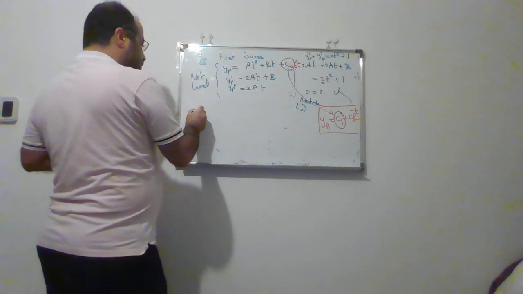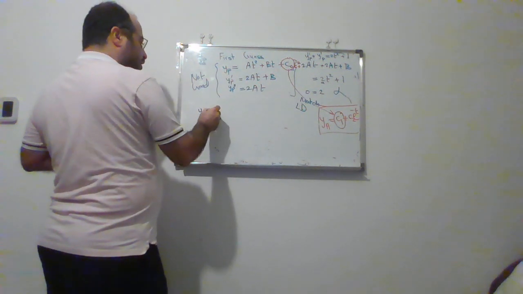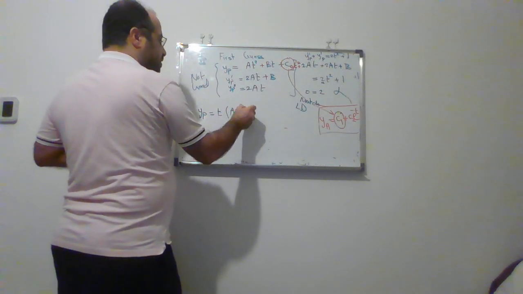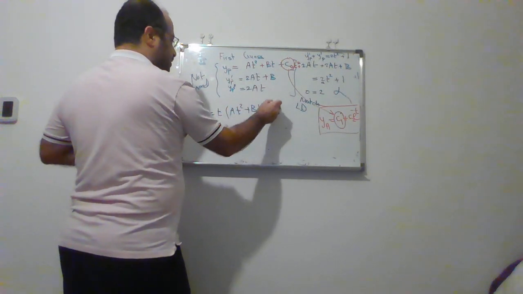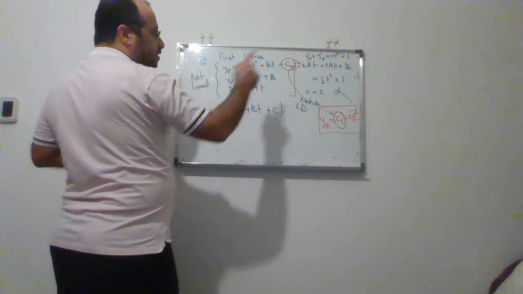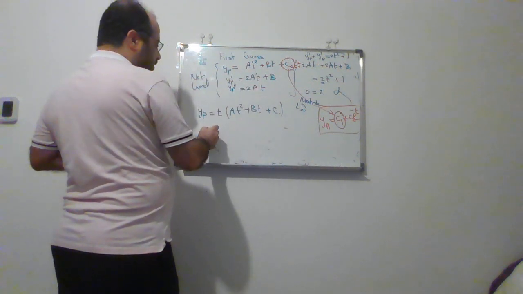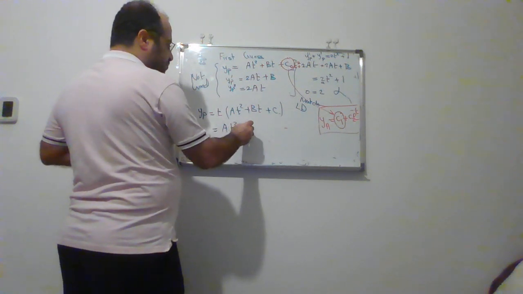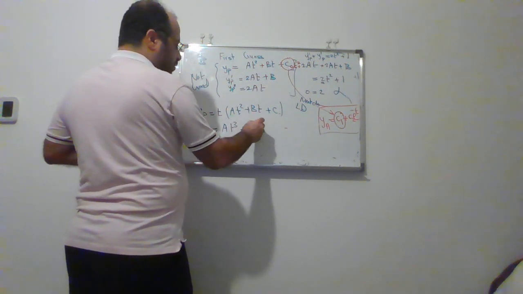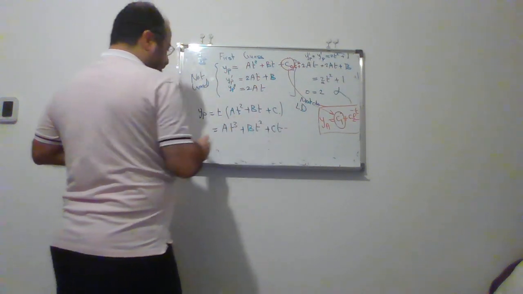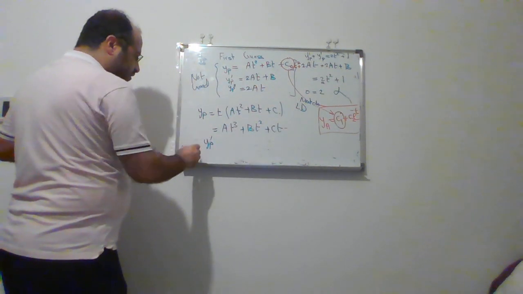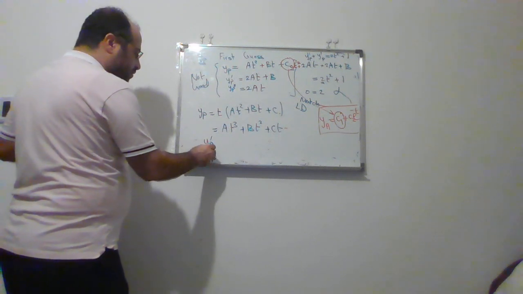For this reason, you go with y particular equal to t times (A t squared plus B t plus C). I'm multiplying by t, but if the independent variable is x, you multiply by x. You get A t cubed plus B t squared plus C t. And then you continue like this. What is y particular prime, y particular double prime?